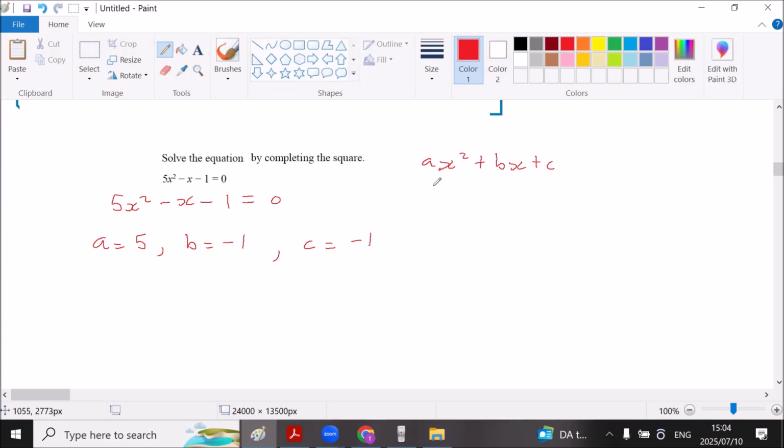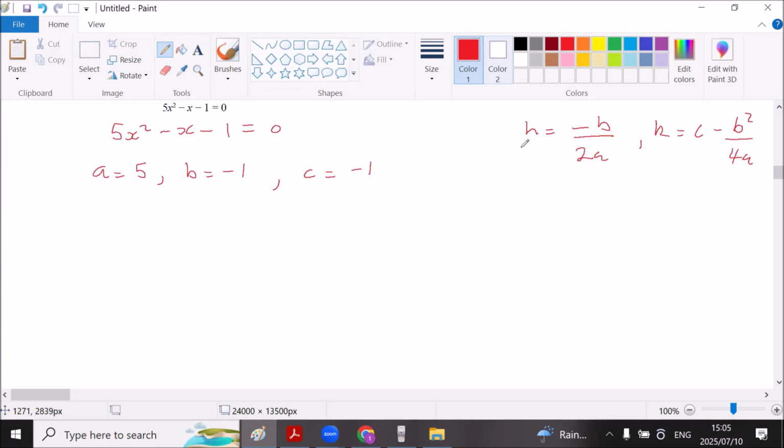To complete the square here, we need to express it in the form a(x minus h) squared plus k, where h is equal to minus b over 2a and k is equal to c minus b squared over 4a. Now we look for h and k.